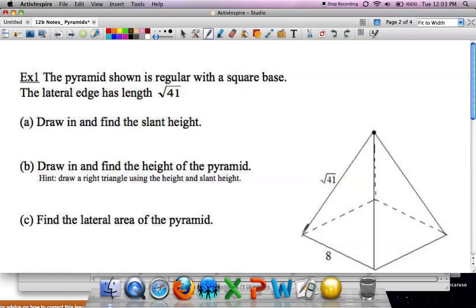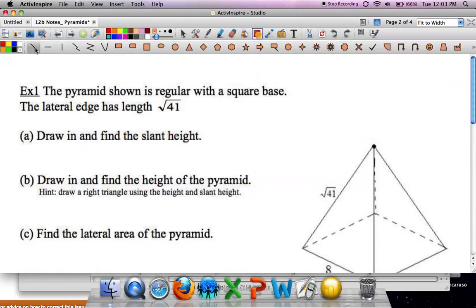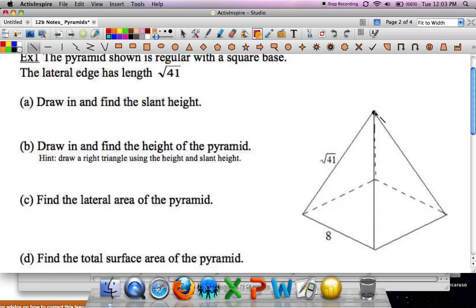The lateral edge is square root of 41. Draw in and find the slant height. Okay, so the slant height, again, is from the top point perpendicular to, it's really, the slant height is like one of the triangles on the side.